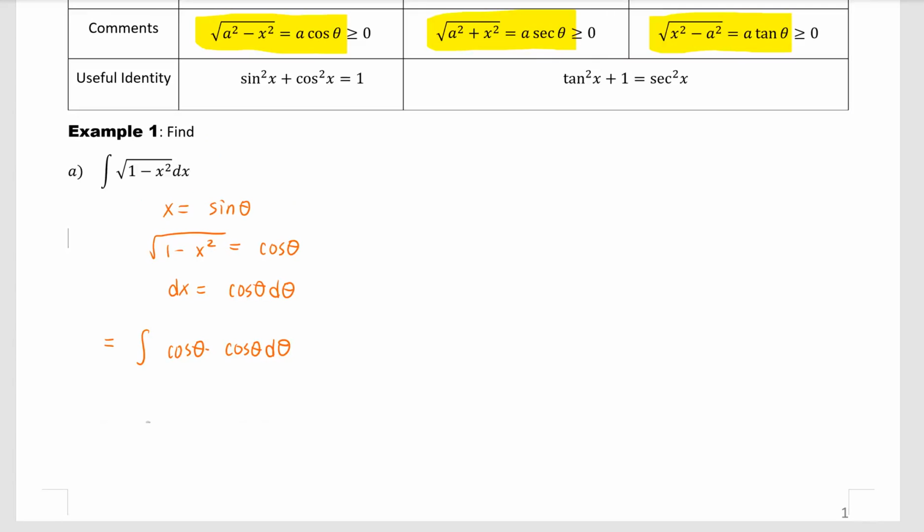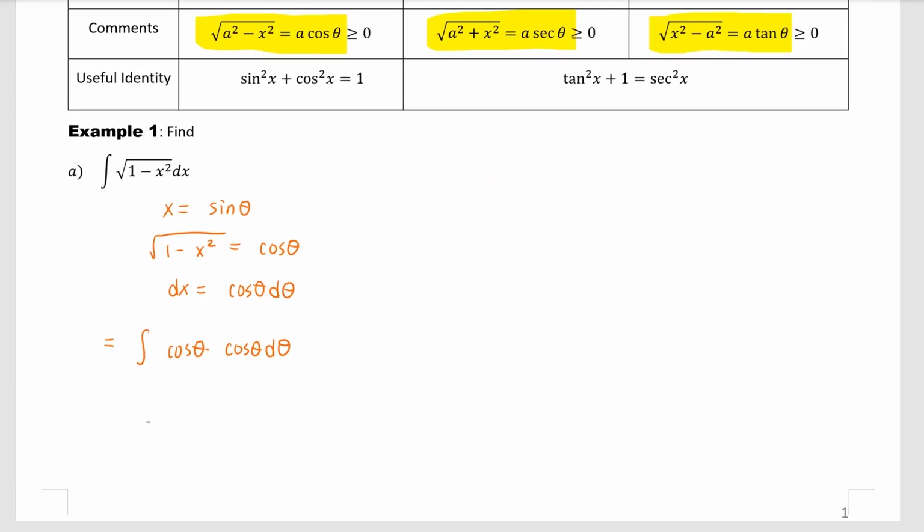Okay, do you remember I always tell you don't forget our baby dx? And in this session, our baby dx is so important. Much more important. Because in the previous integrals, if you forgot to write dx, it won't change your answer. For example, if you integrate x cubed, if you forgot to write dx, you still integrate x cubed.